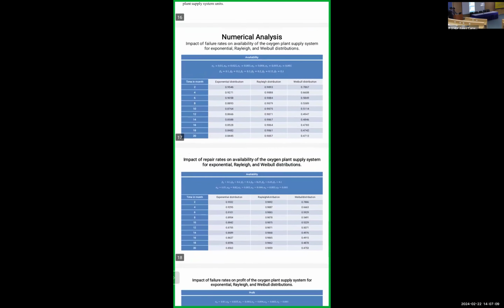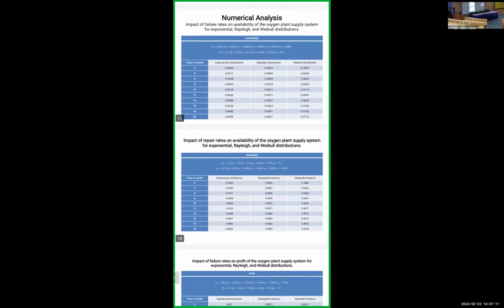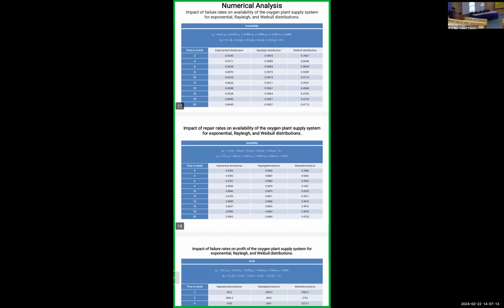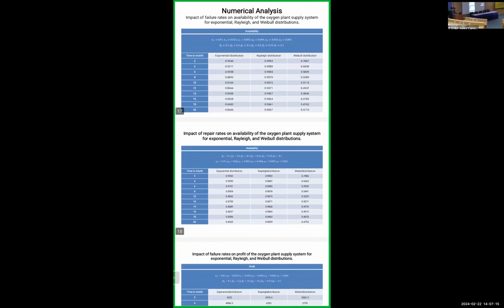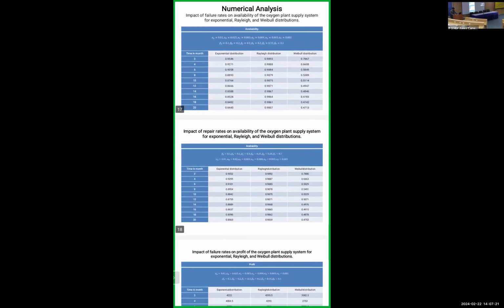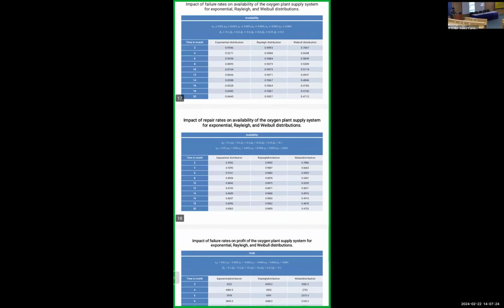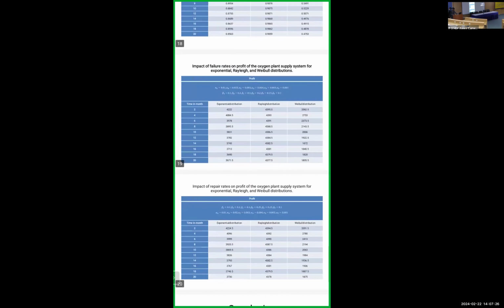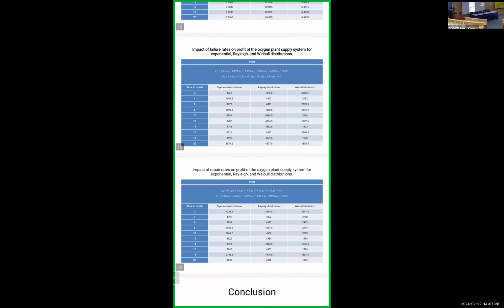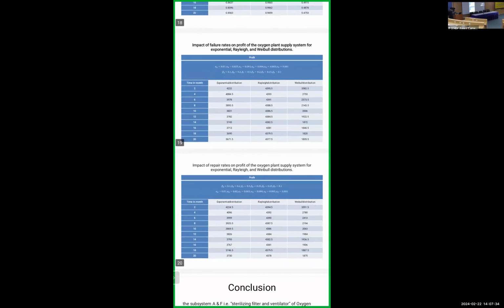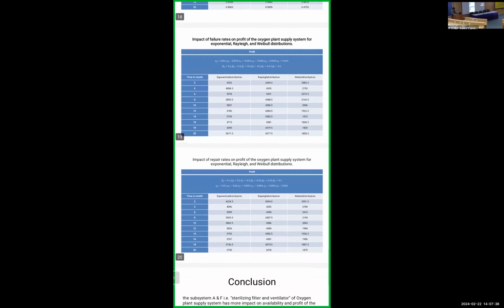For the first two tables, we check the impact of the failure rates and the repair rates on the availability of the oxygen plant supply system. And the next two tables show the impact of the failure rate on the profit. Here we calculate the profit analysis of the oxygen plant system, again for the failure and the repair rates.